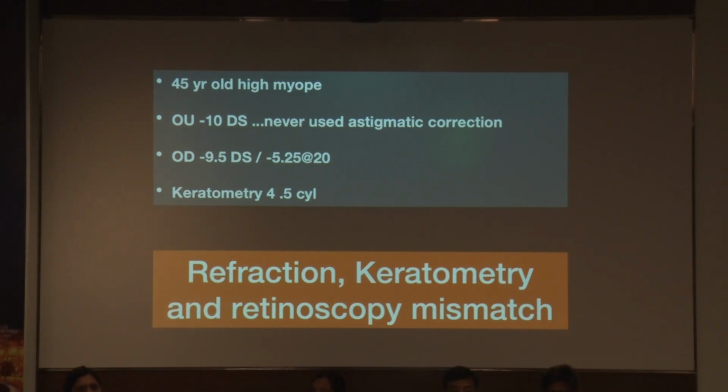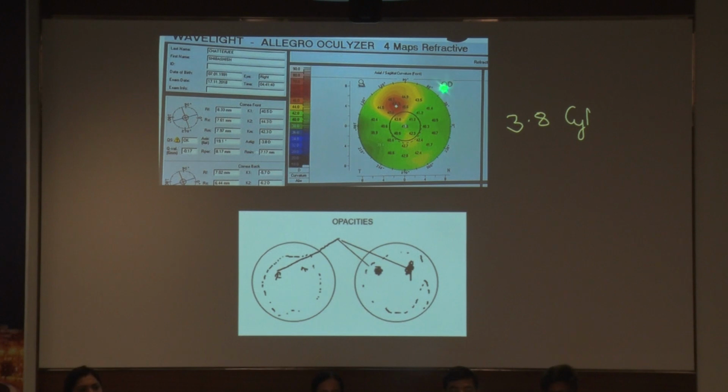You go into a little more detail, do a topography, and what you see is a hot spot in the superior part. This hot spot was not good enough to produce a spectacle cylinder, but good enough for the keratometry machines to pick up the value. So that's where it gave me a 3.8 cylinder. It was basically contact lens induced scarring because the patient was a chronic contact lens user. So this point one has to be very clear about.